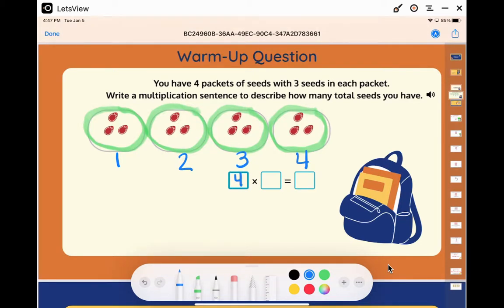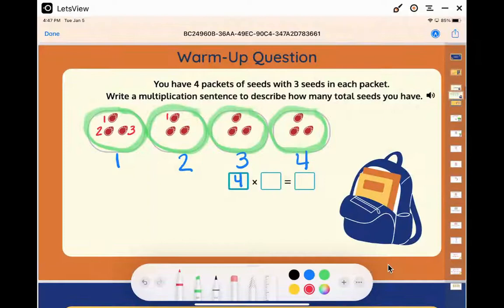The next factor in our multiplication sentence is determined based on the number of items that we have in our group. In our group, we have 1, 2, 3 seeds. And there are 3 seeds in each of the groups. So that tells us that our second factor is 3.